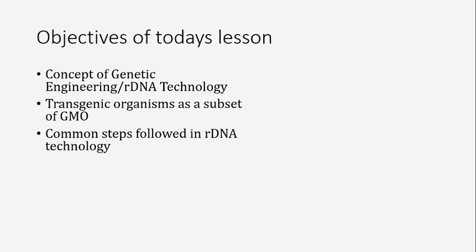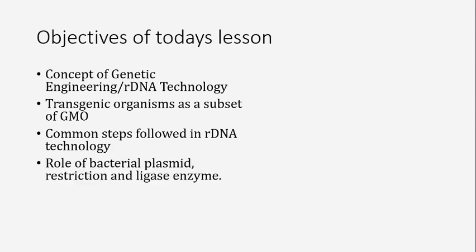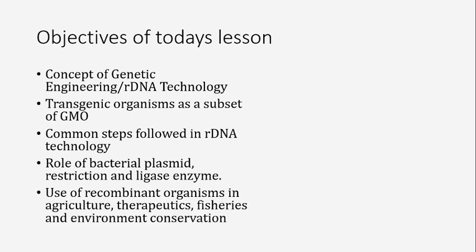We will also learn the common steps followed in recombinant DNA technology or genetic engineering, and the role of bacterial plasmid and different enzymes like restriction enzyme and ligase enzyme used in recombinant DNA technology, and the use of recombinant DNA technology or organisms in agriculture, therapeutics, fisheries, and environment conservation.